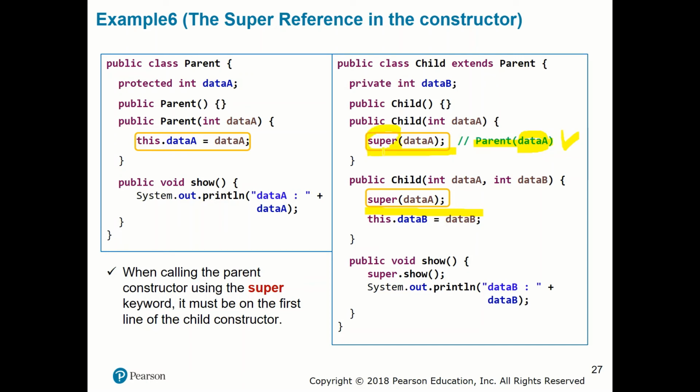So if you write super and parentheses, you put the data members to be initialized. This will automatically call the parent constructor. And in this line, the parent constructor which has one integer value as a parameter, so this is the one, right? So this one will be called. So the super keyword is used to call a parent constructor.